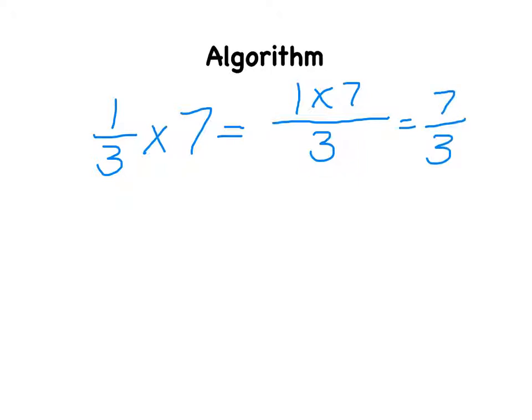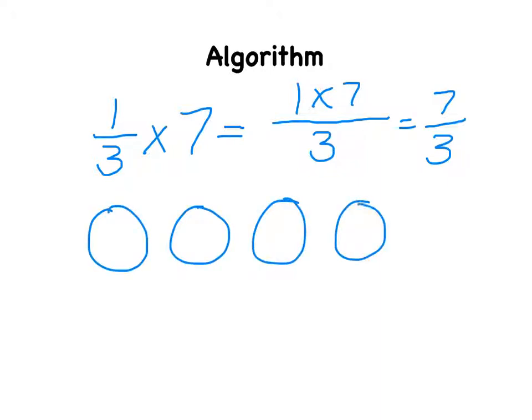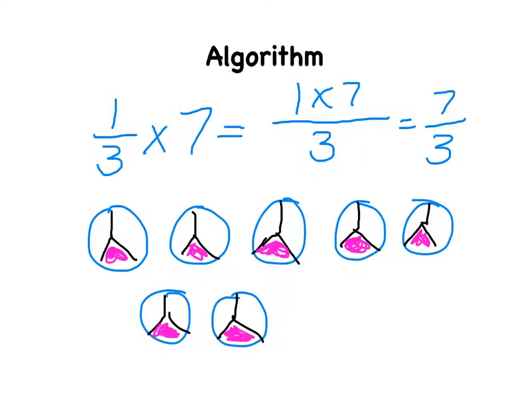Now, if we use the picture model with the 7 circles, then split those circles into 3 parts and color one of each, and you count that up, you have 1, 2, 3, 4, 5, 6, 7, so 7/3, and we checked that our answer is correct. Again, if you want to make this improper fraction into a mixed number, you can go back in and draw those circles into thirds and bring them over.